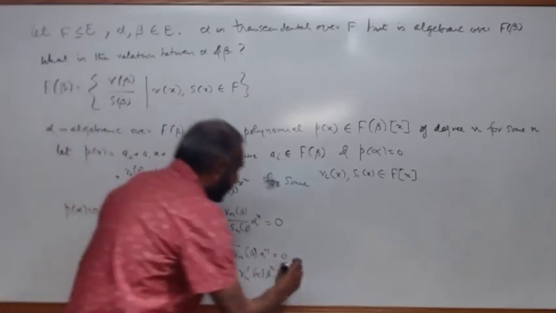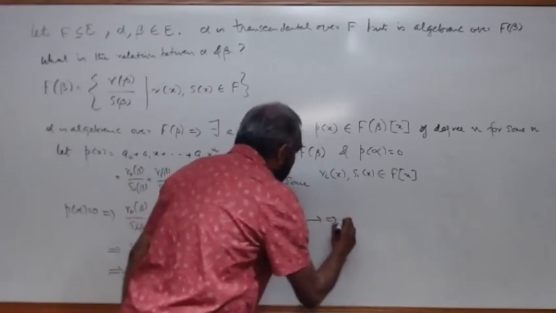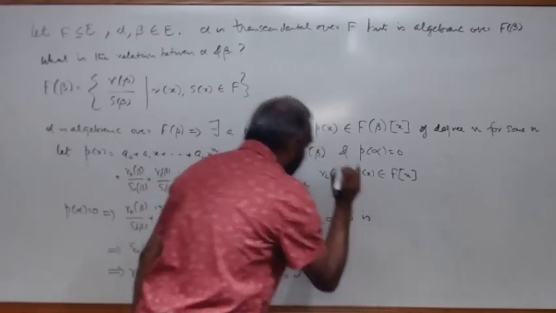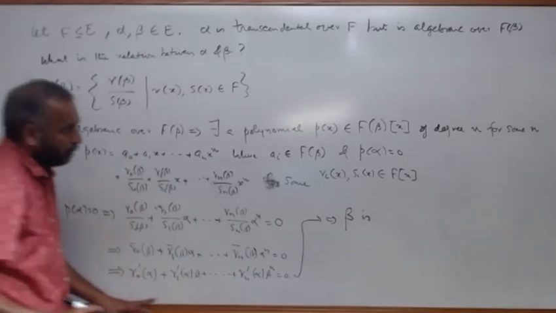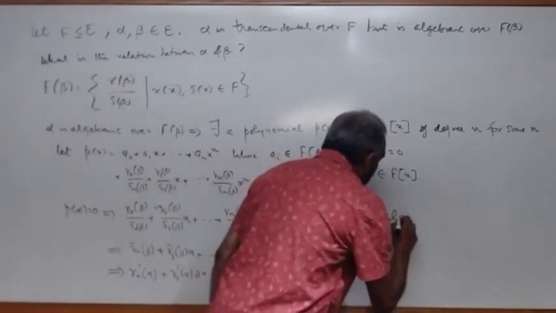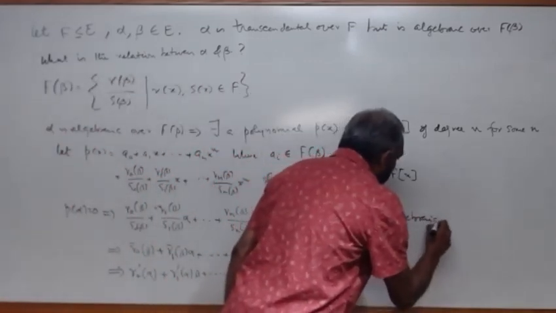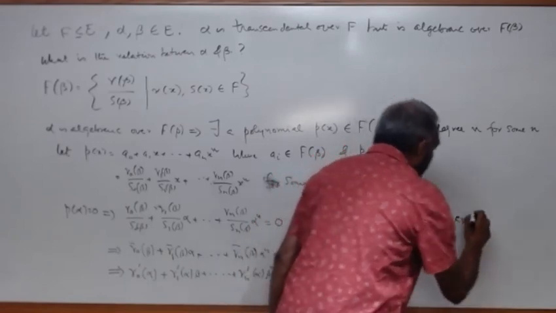This implies beta is algebraic over F of alpha.